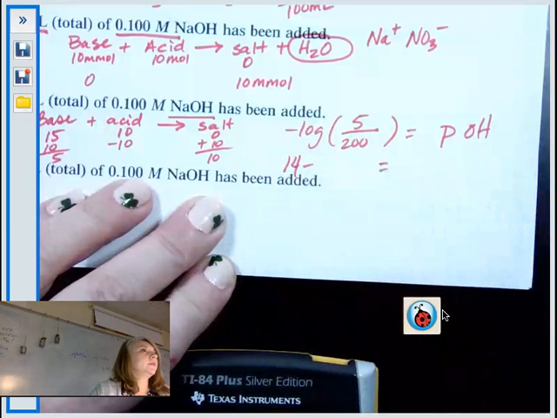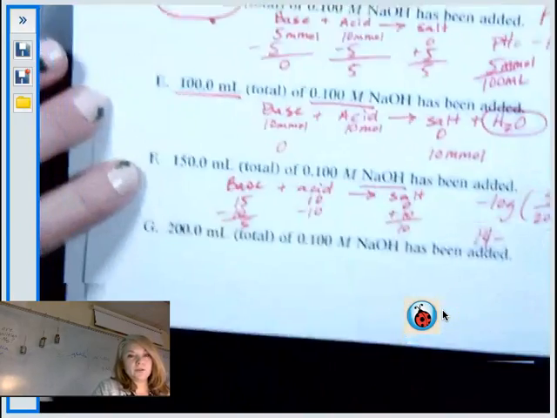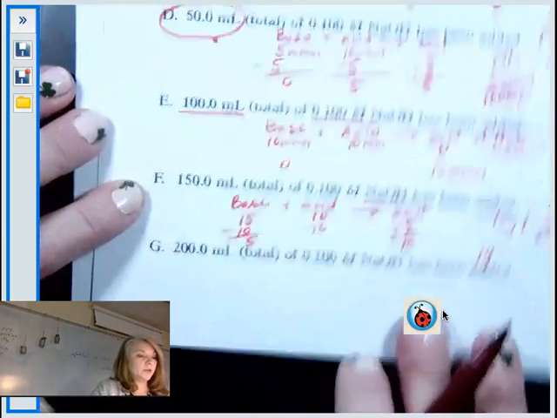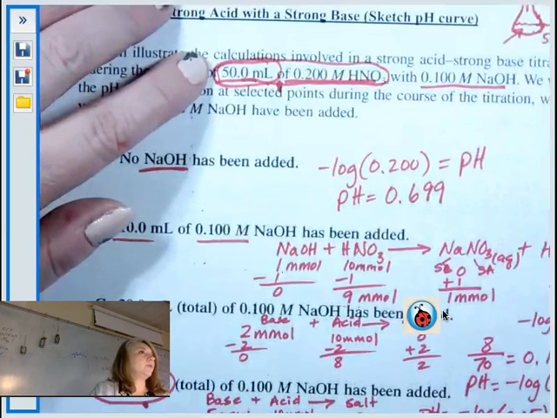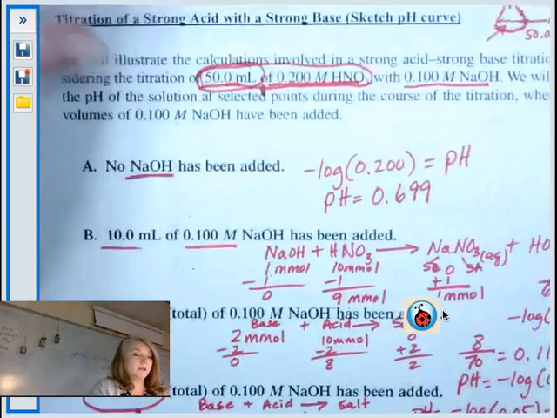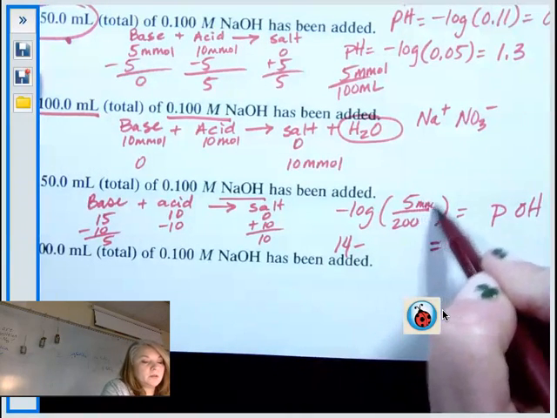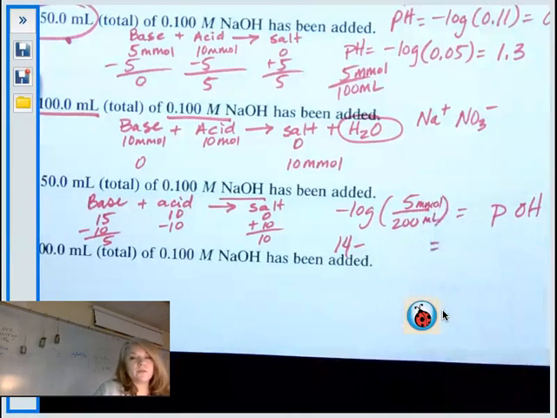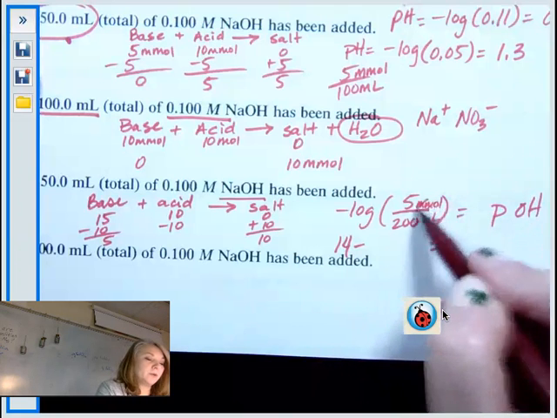Jasmine? You're adding 150 milliliters to your original 50. So your volume in your flask is 200. Okay? And remember, this is millimoles divided by milliliters. So that's concentration right there. It's moles per liter.